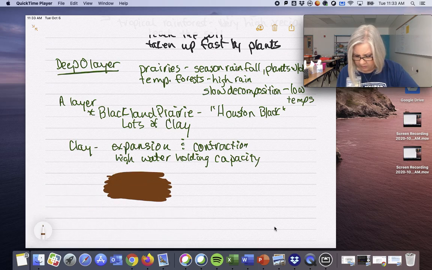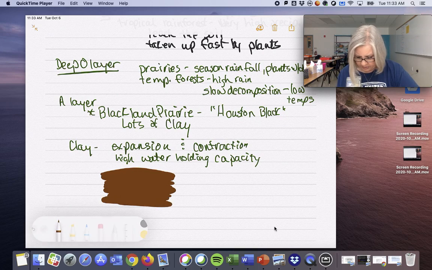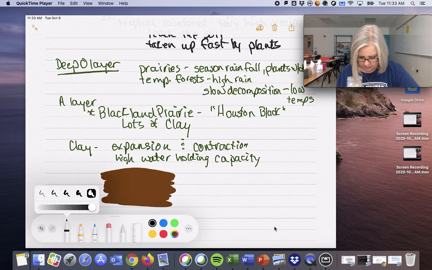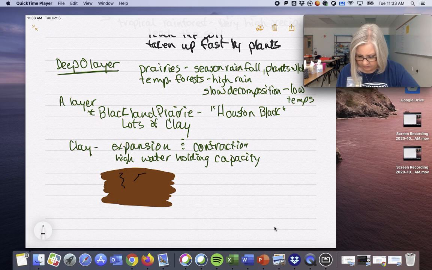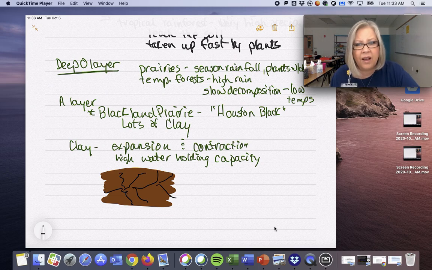And it swells. It gets really wet and it swells. Well, then summer comes, and what does it do? It starts to get cracks in it. So it's going to crack like this, and if you've ever been out in the yard in the middle of the summer, sometimes you'll see these deep cracks that will develop.